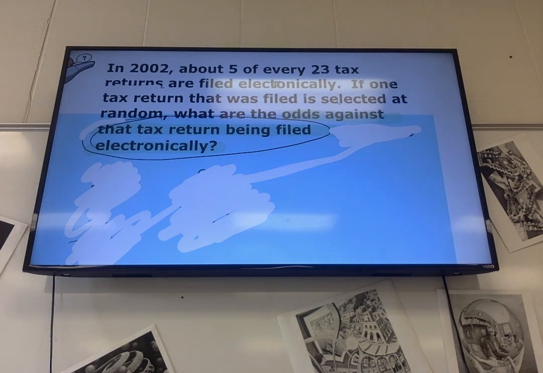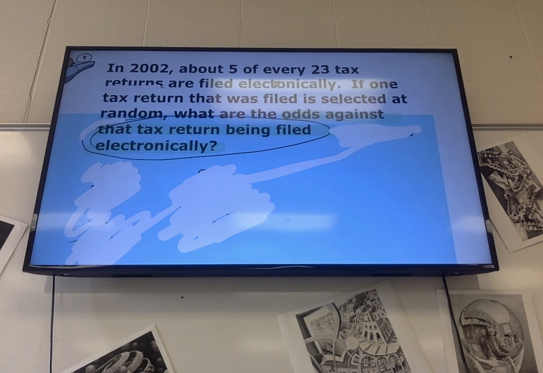There's a few, people probably like my dad that just won't do it that way, but most people will probably do electronically. If one tax return is selected at random, what are the odds against that tax return being filed electronically?